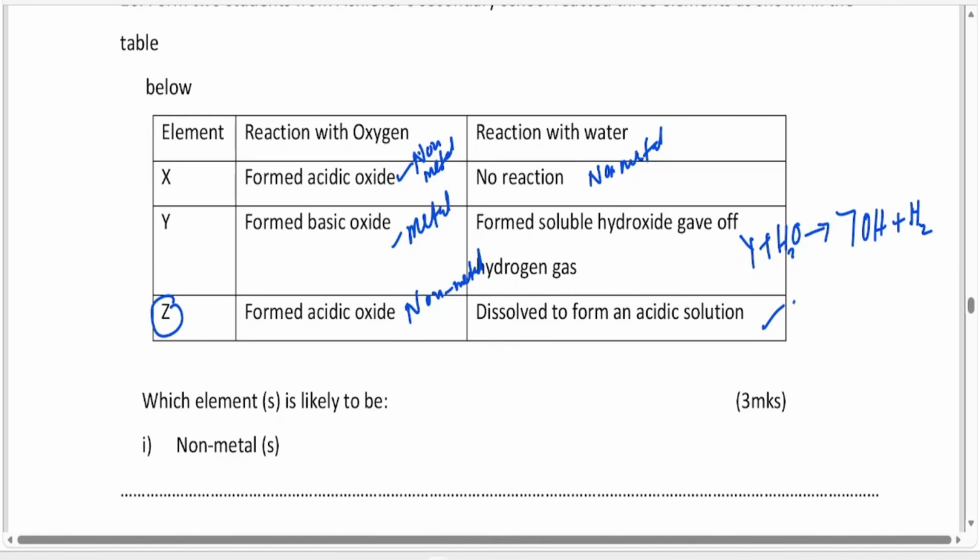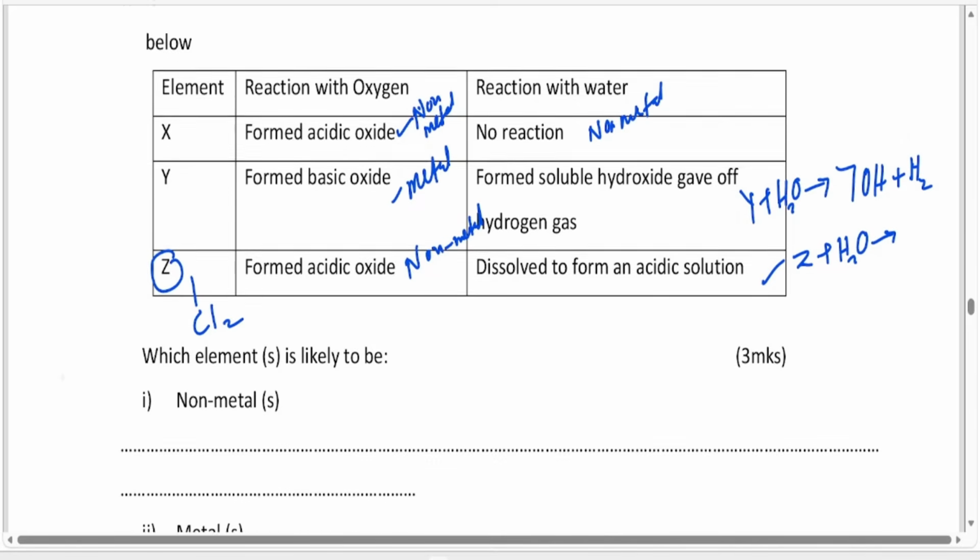So when this element reacted with water, it dissolved to form an acidic solution, not the oxide; the element reacted with water to form an acidic solution. So in this case, it must be a soluble gas. This gas may be chlorine reacting in water to form an acidic solution. That is the interpretation that we can make in this given question.